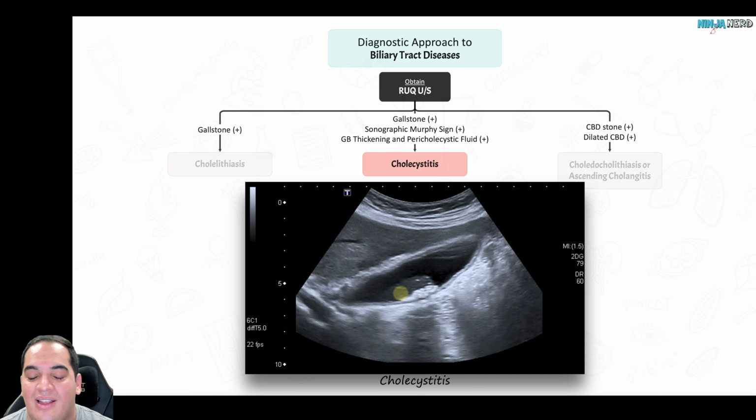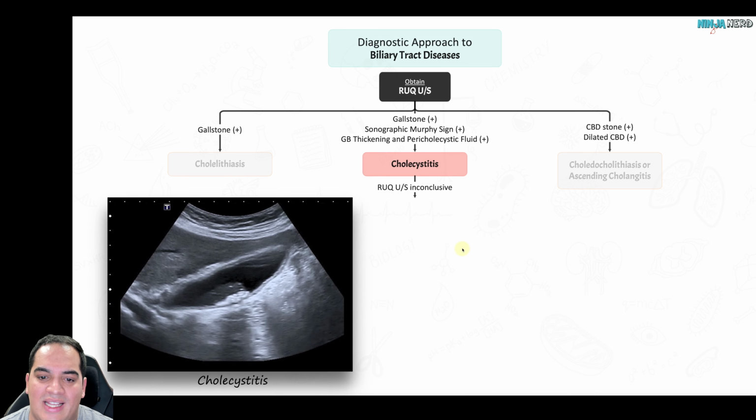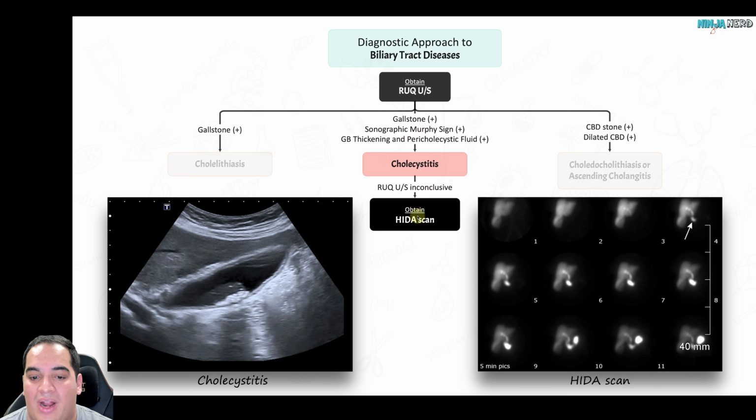Now, let's say I get a patient who has right upper quadrant pain, and I give them a sonographic Murphy sign. They have a fever and a leukocytosis, but their right upper quadrant ultrasound is inconclusive. It's not really super diagnostic. It doesn't give me these findings. Well, then the next test is something called a HIDA scan. You give them a radioactive tracer, and it fills the biliary tree.